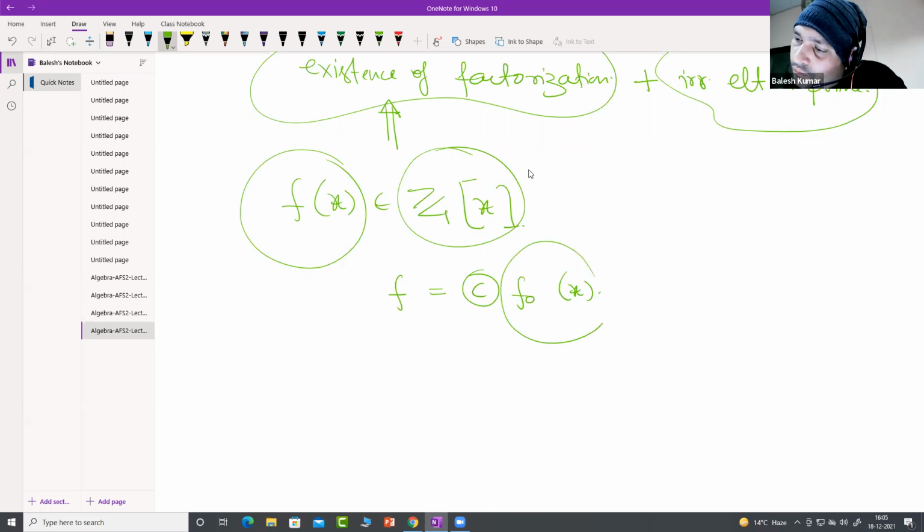Now how do we factor f0(x) inside Z[x]? Well, f0(x) belongs to Z[x] and it is primitive.